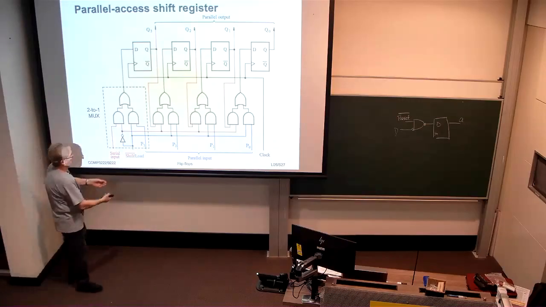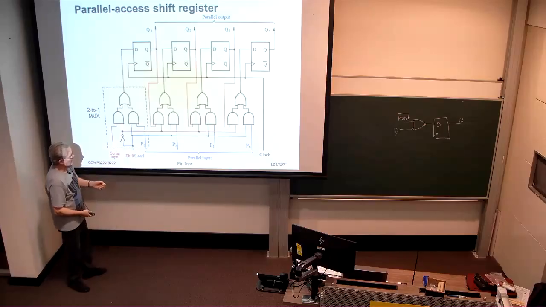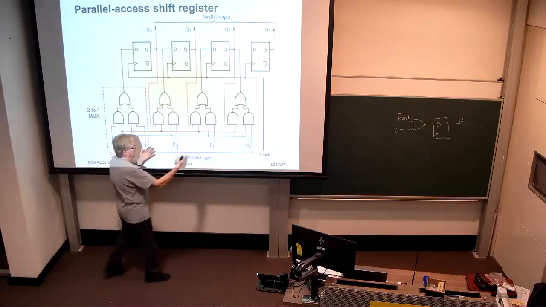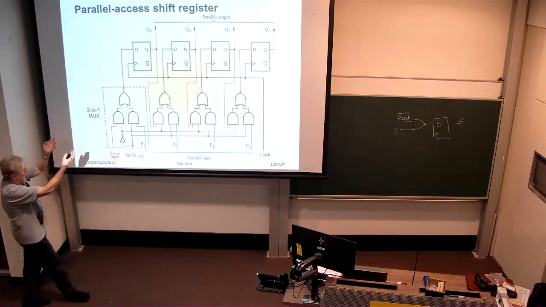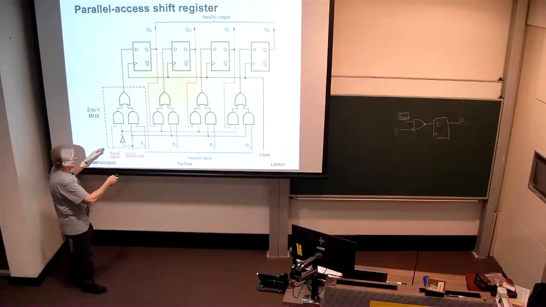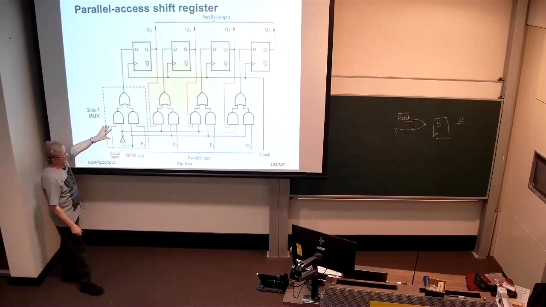Or, based on this active low shift, active high load input signal, this guy here that controls this inverter, when we're loading, we could take 4 bits in parallel and load those directly up into the flip-flops that we see up here. So in effect, the circuit that we see below each flip-flop is a 2-to-1 mux.